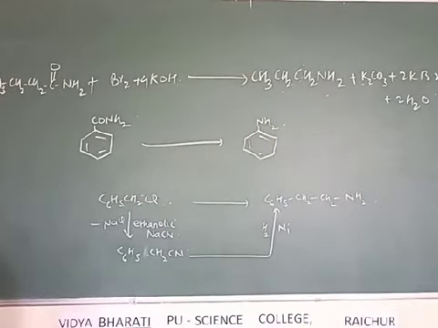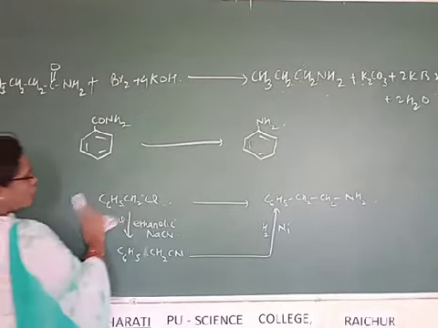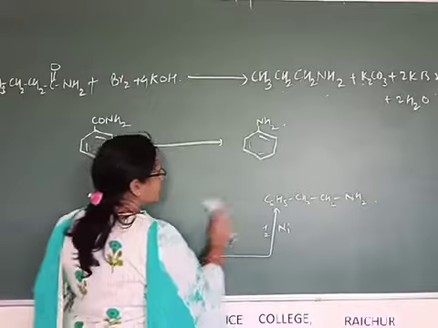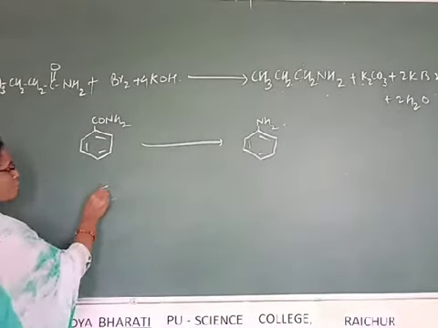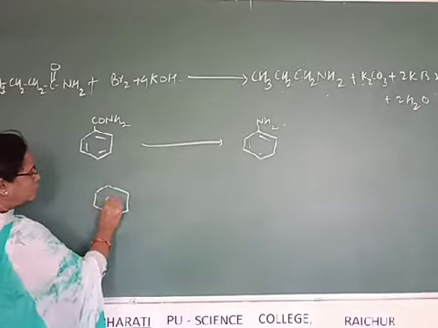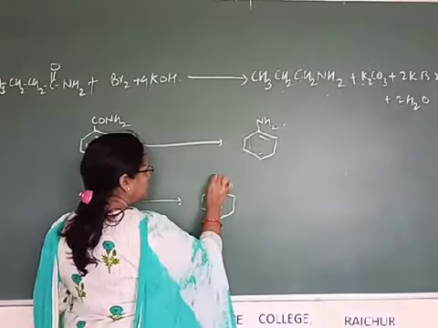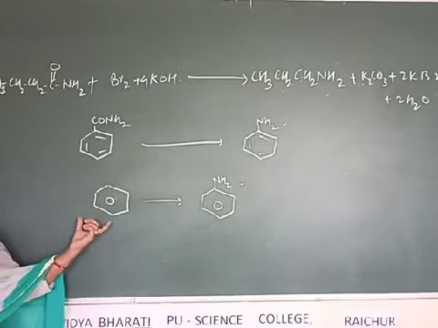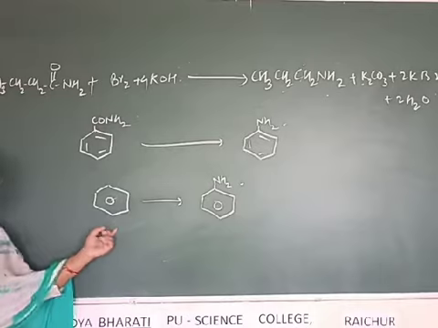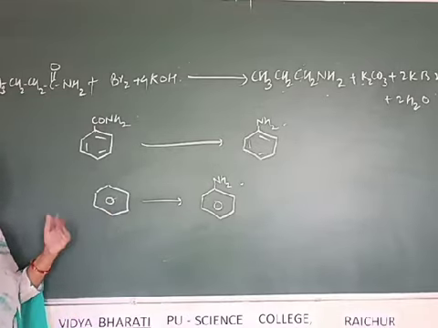Okay. Then next one, how will you convert benzene to aniline? Benzene you have to convert into aniline. So how can we convert? See here, directly we cannot introduce this amino group on the benzene ring, but we can introduce nitro group.